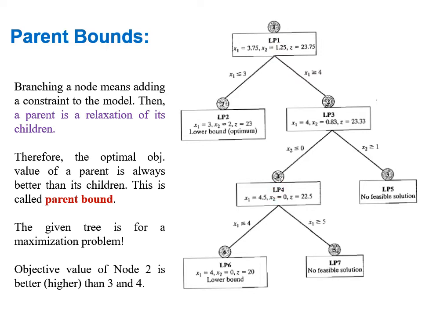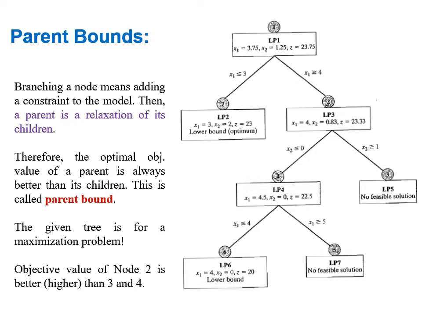Okay, so we know from our discussion on relaxations that a relaxation always provides a better optimal objective function value than the model that it relaxes. In this sense, since a parent node is a relaxation of its children, the objective function value of a parent must be better than the objective function value of its children.